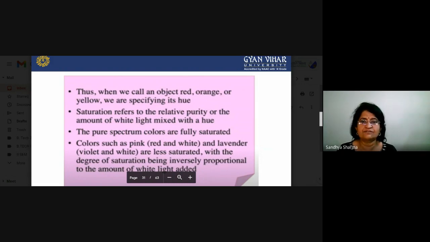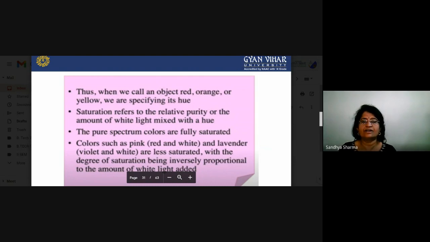The pure spectrum colors are fully saturated. Colors such as pink, lavender, violet, and white are less saturated, with the degree of saturation being inversely proportional to the amount of white light added. If you want to generate pink, that is a combination of red and white.